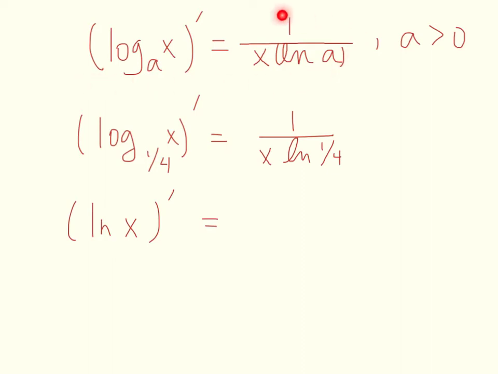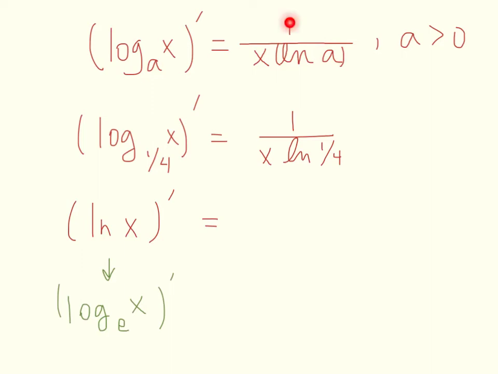Okay, using this result, we can actually come up with a formula for the derivative of the natural log of x. Why don't you press pause while you work on that? Well, the natural log of x is really the logarithm with the base of e. So to use this formula here to differentiate the natural log of x, we just use e in place of a, because that's our base.